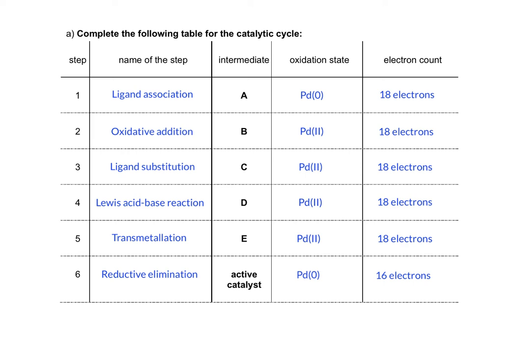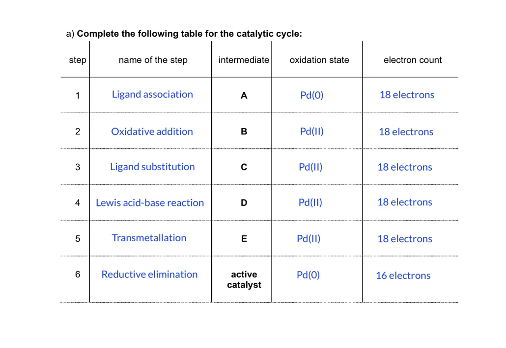However, there is a change from palladium 0 to palladium 2 in the oxidative addition. Step 3 is a multiple series of ligand dissociation and associations, which I've grouped together as a ligand substitution reaction. Step 4, the Lewis acid-base reaction, can also be considered a ligand association step with regard to boron.